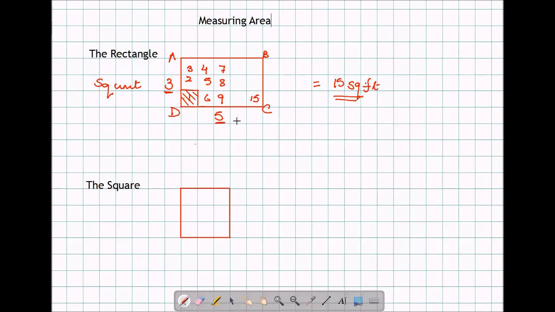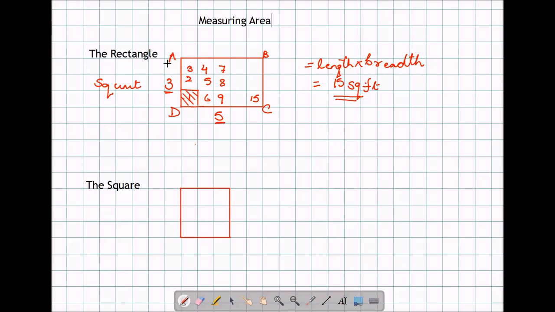When we come to the rectangle, we have all learned the formula: it is length into breadth, the product of the dimensions. But many of us are still not able to relate why it is length into breadth. Here we have a length and a breadth, and we are dividing it into square units.